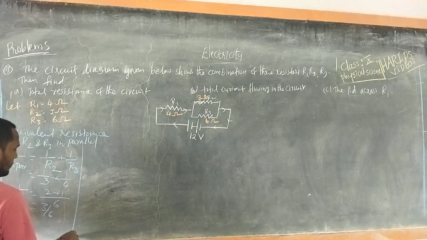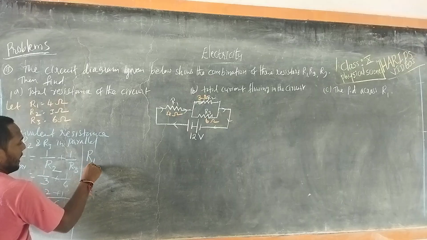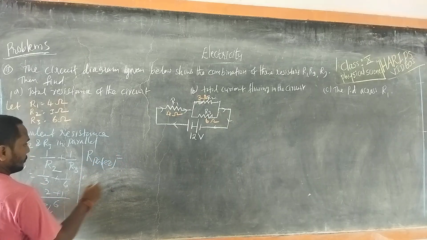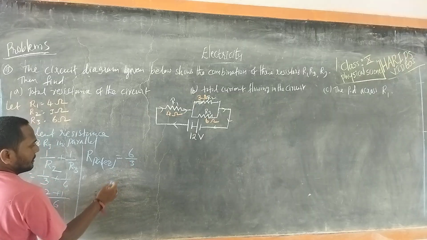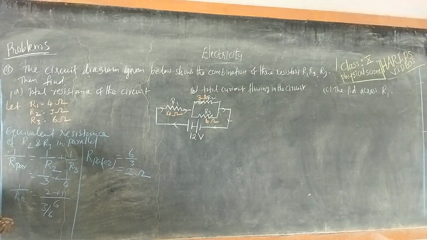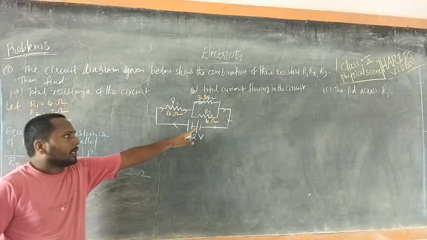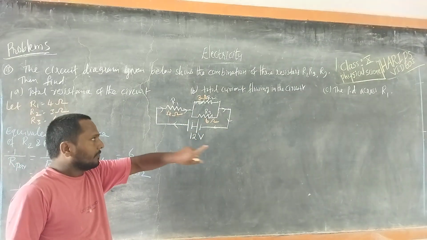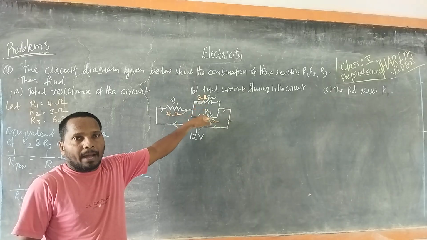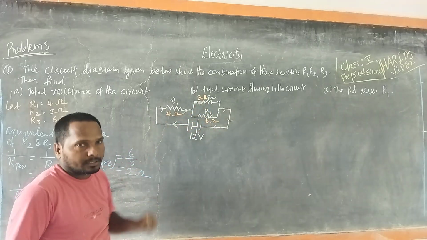From this, R parallel is equal to 6 by 3, that is equal to 2 ohms. So first we find the equivalent resistance of the two resistors connected in parallel, R2 and R3.